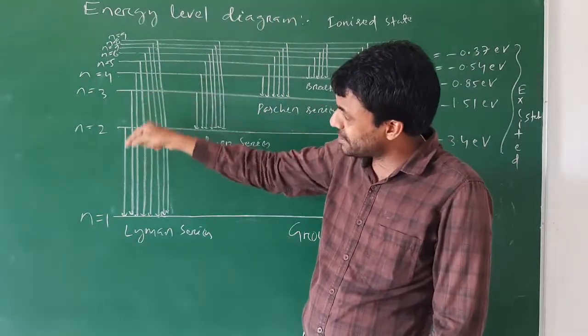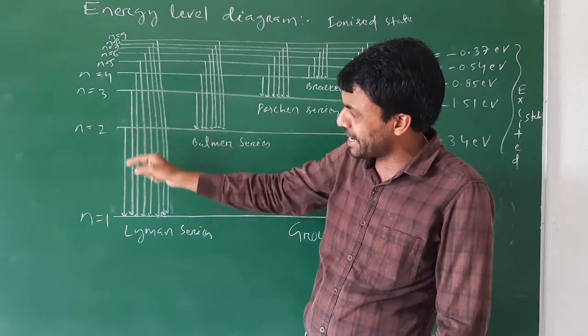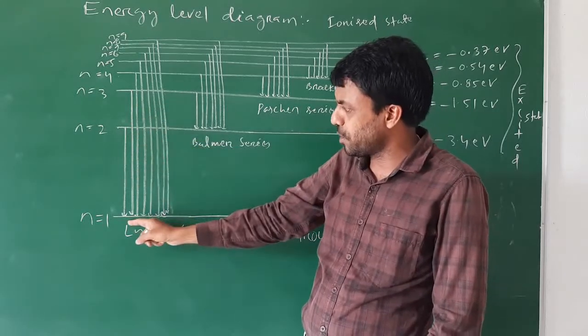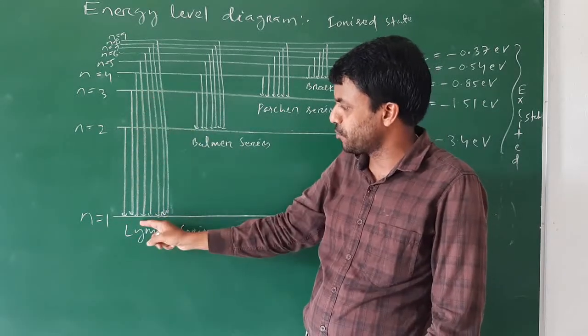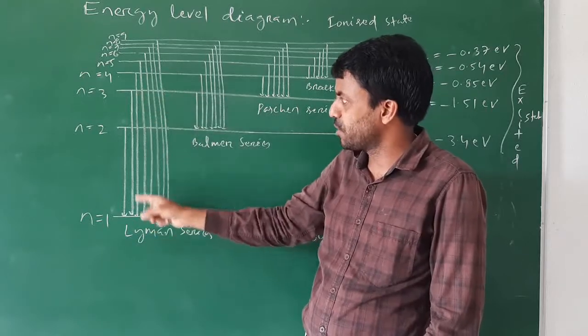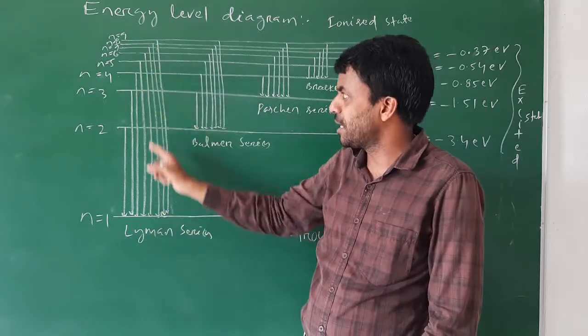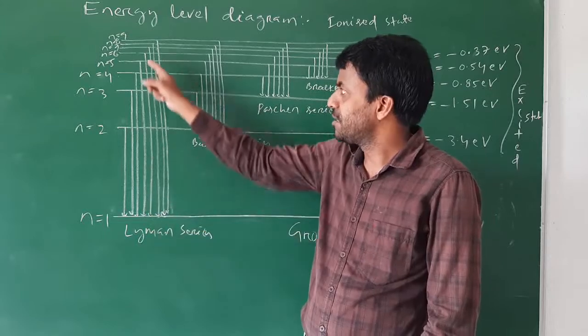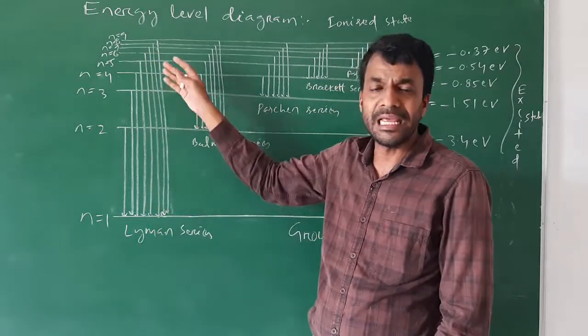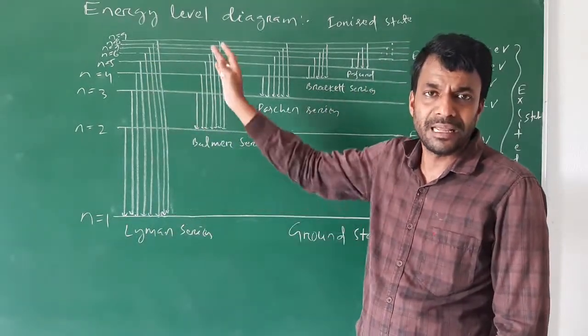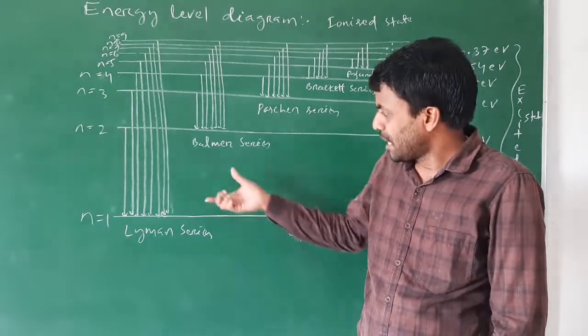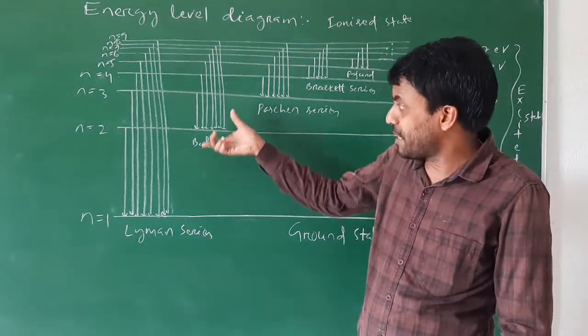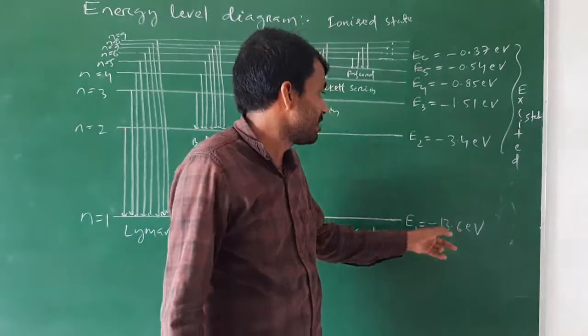Therefore, the spectral series can be drawn as spectral lines n2 to n1, n3 to n1, n4 to n1, n5 to n1, n6 to n1, n7 to n1, n8 to n1, n9 to n1. And the gaps are maintained according to their energy.